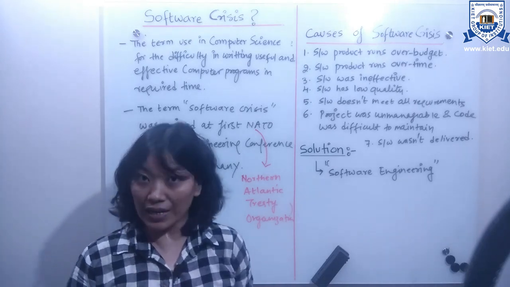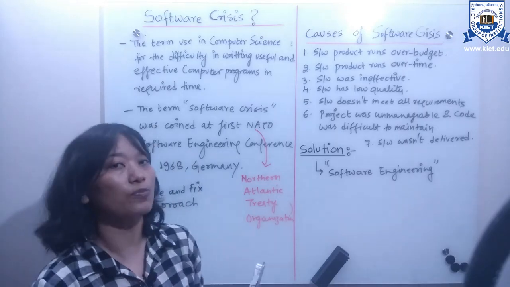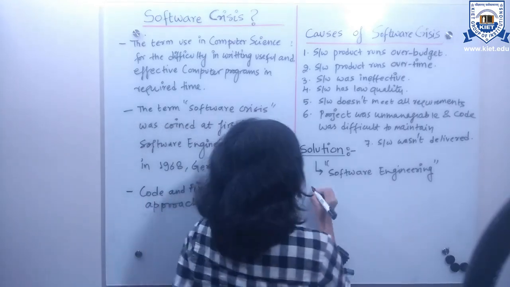So it is important to know what the guidelines of software engineering are to prevent this software crisis.